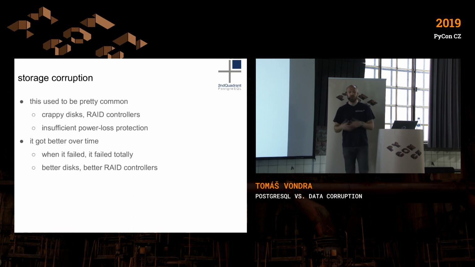But people were also saving on hardware, so they've been running that on bad disks, on low-end servers and whatever. So there were issues with disks not having properly backed up caches and losing writes in case of power outages and so on. Cheaper RAID controllers had the same issue with write caches and so on.